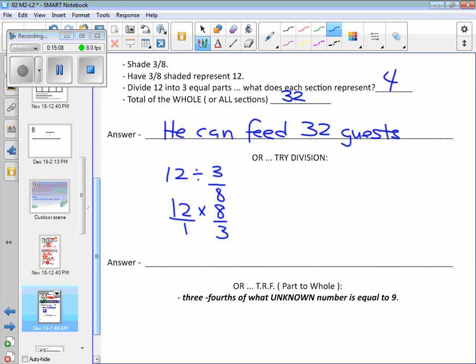Not 46. 6 is right, but the 4 is not. 96, Mikey. Mikey's on fire. 1 times 3, just say it out loud. 3. 96 divided by 3, or 3 into 96, is 32. It works out.